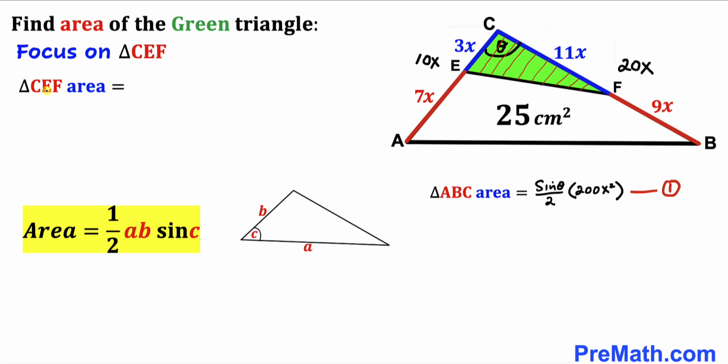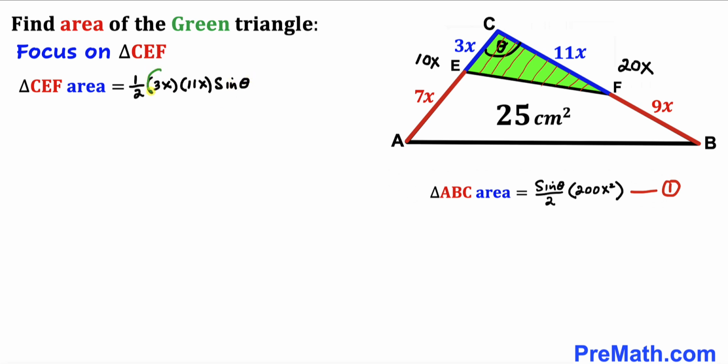So the area of triangle CEF is a half times 3x times 11x times sine of theta. Multiplying 3x and 11x gives us 33x², so we get sine of theta divided by 2 times 33x². I'm going to label this as equation number 2.